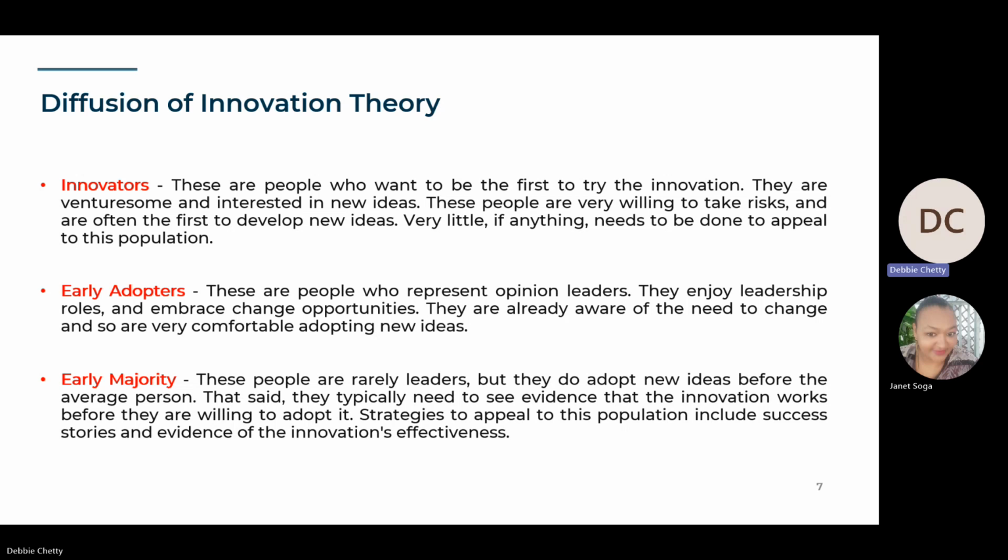Then you have early majority. These people are really leaders. They do adopt new ideas before the average person. That said, they typically need to see evidence that the innovation works before they are willing to adopt it, right? So they first need to see evidence before they adopt it, and strategies to appeal to this population include success stories and evidence of the innovation's effectiveness.